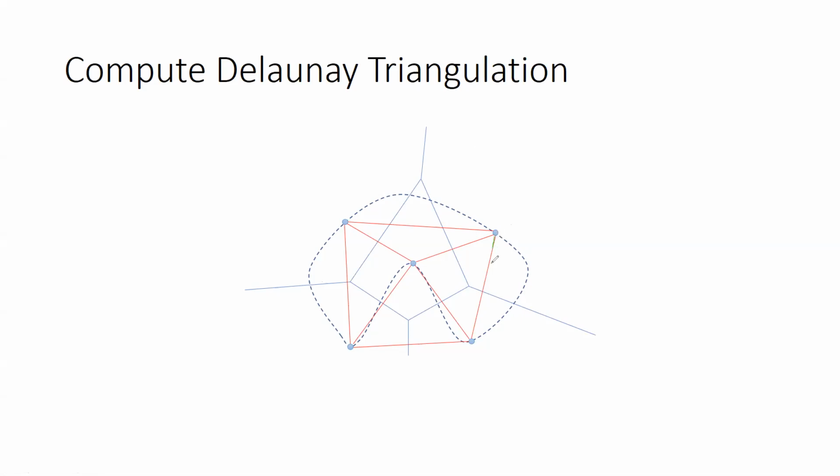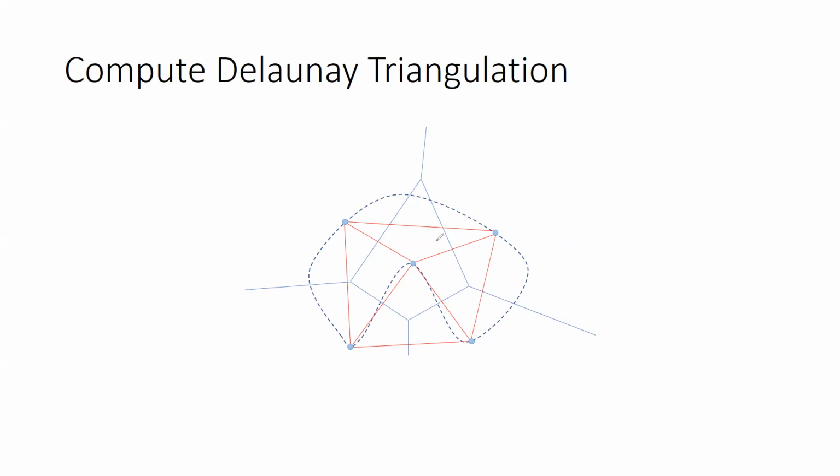For example, this edge here, right? This Delaunay edge. One Delaunay edge is paired with one Voronoi edge, which is this one. Okay. So this Voronoi edge is intersecting the surface in one point, and that's why we want to keep this one.